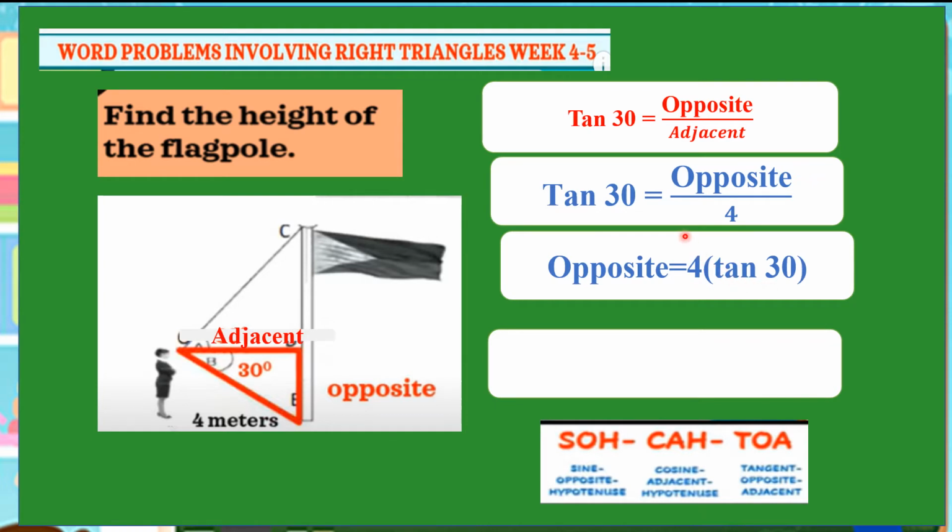So cross multiplication, multiplying this opposite side to the denominator of tangent 30 and 4 times tangent 30. Then our answer is, so all you have to do is to press in your calculator 4 times tangent 30 and the answer is 2.31 meters.